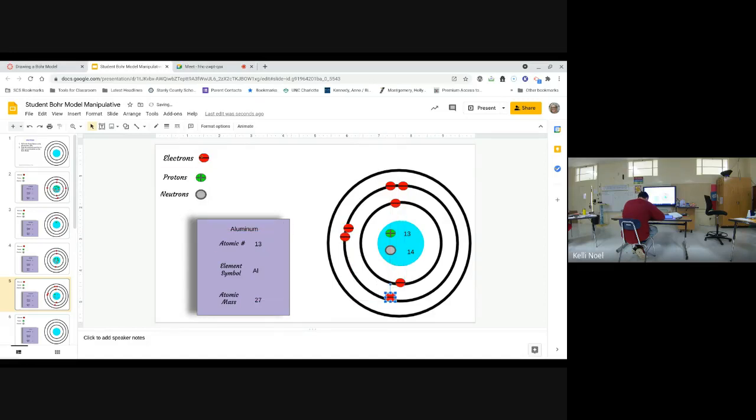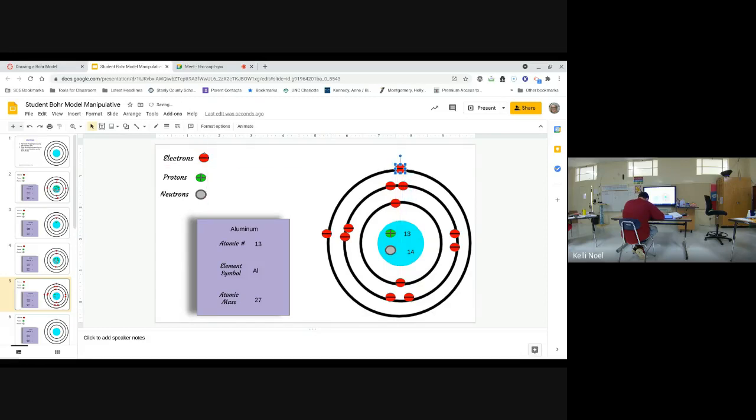And we tend to like to have the atom kind of balanced out and not all of them jumbled up. So I have 2, 4, 6, 8, 9, 10 of 13. That means I have 3 left. The 3 remaining ones go on that third ring.